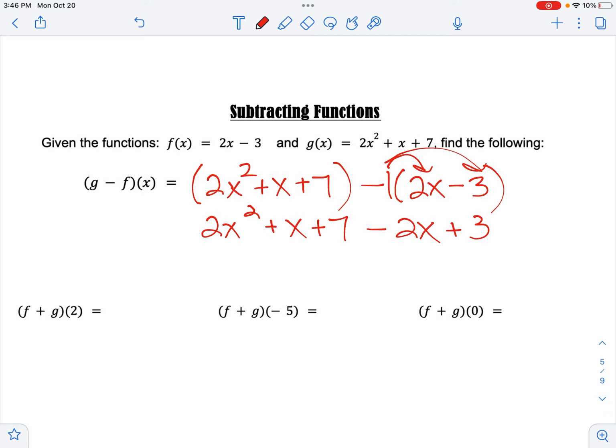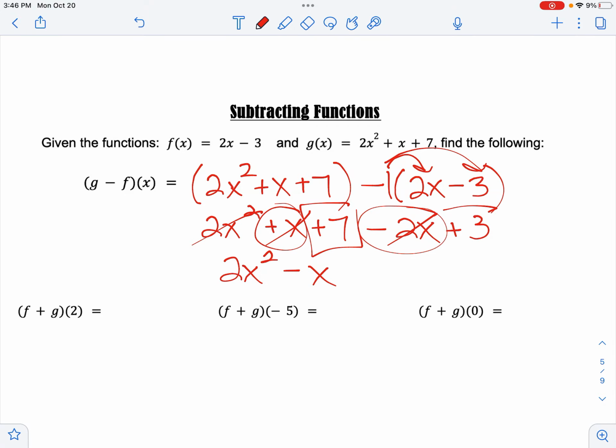Okay, and now you can combine like terms. So 2x squared, there's no other ones of those, and then I got this and this. That'll be 1x minus 2x would be negative 1x. And then I got a 7 plus 3.